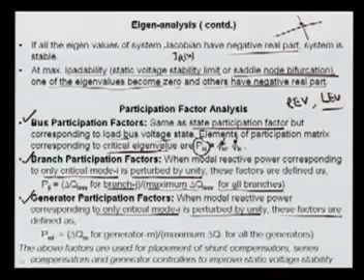PJI is the change in reactive power loss for branch j divided by the maximum reactive power loss for all the branches. Similarly, for the generator participation factor, PMI is equal to the change in reactive power generation of the mth generator divided by the maximum reactive power change for all the generators.